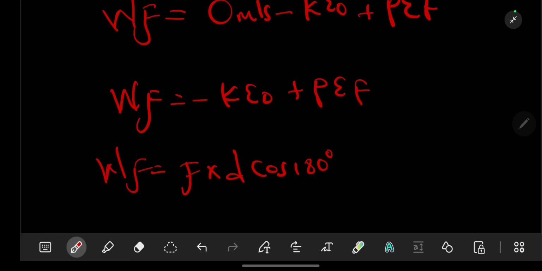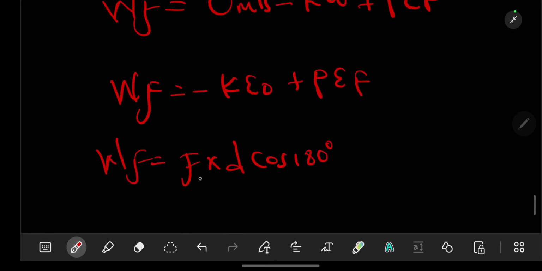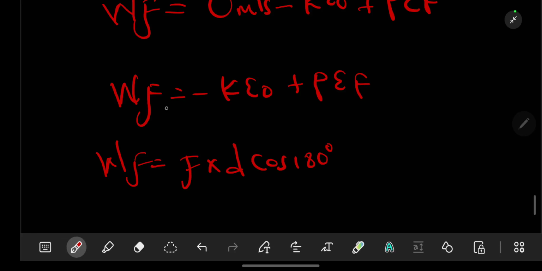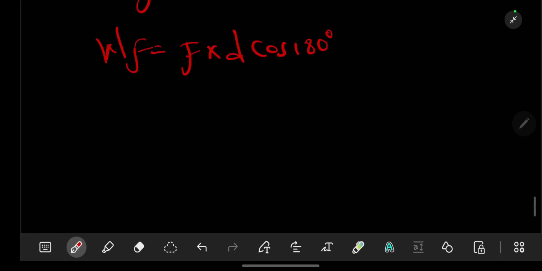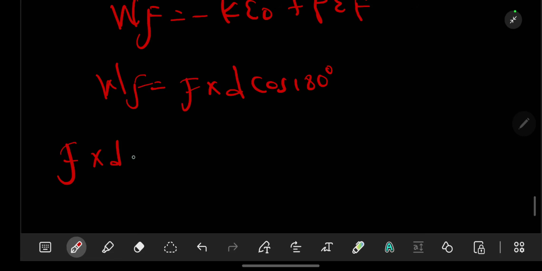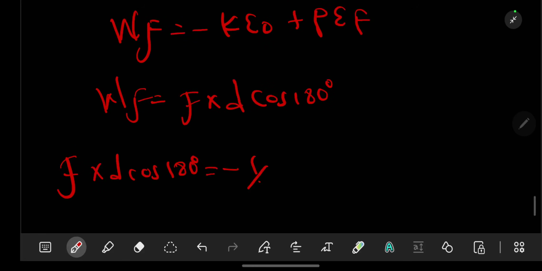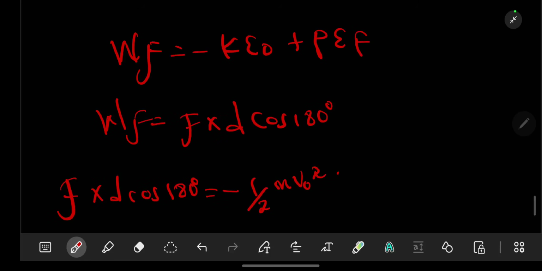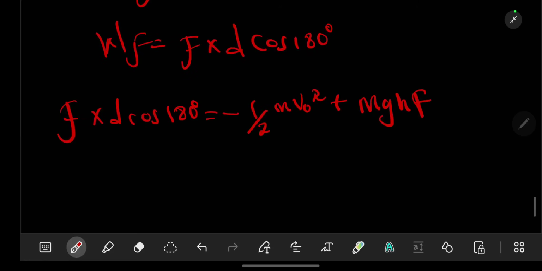We are looking for the frictional force, so we just replace it like this without substituting some things. The frictional force times the distance times the cosine of 180 degrees should be equal to negative 1/2 m v initial squared, plus our potential energy, which is m g h final.